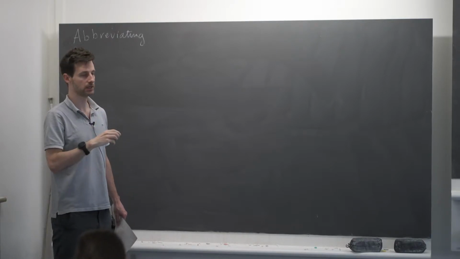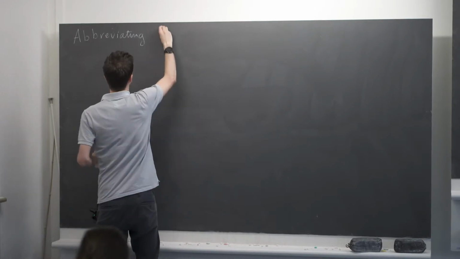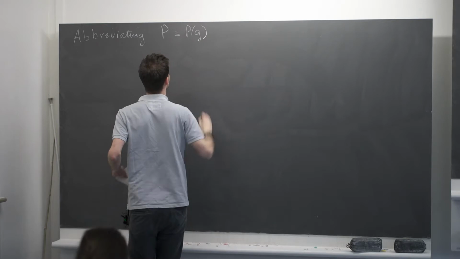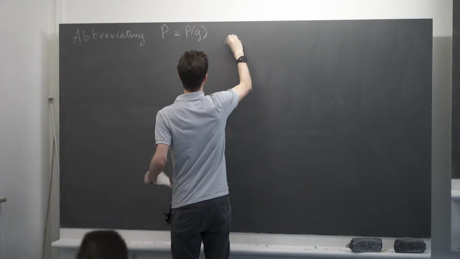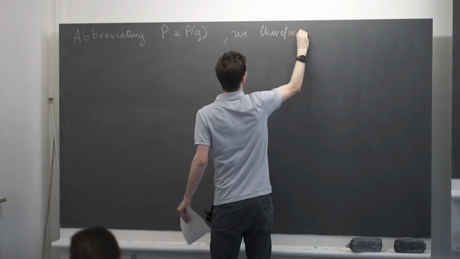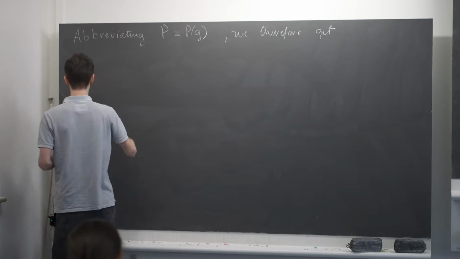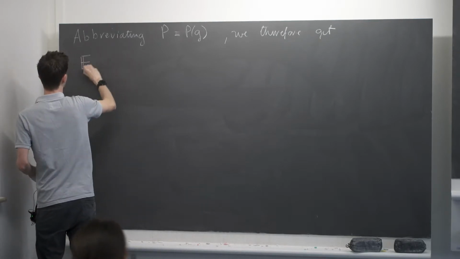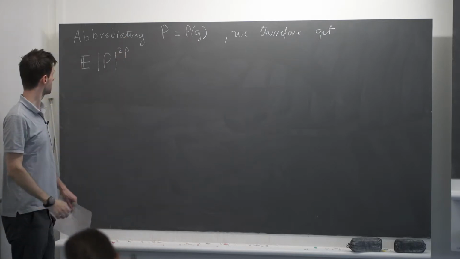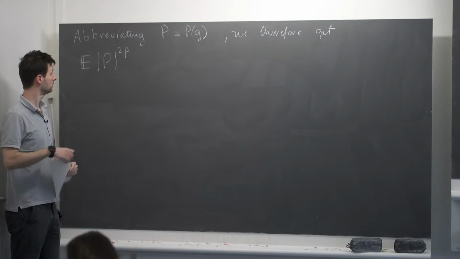When I write p, I mean the random variable p of g. We want to estimate, if you recall, the 2p-th moment of capital P.